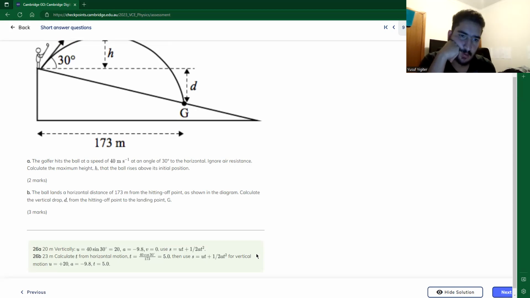But that 5 seconds, that's T total, isn't it? S equals UT, but UT is 20 times 5, and 5 squared times 9.8 divided by 2. So this minus that gives you 24.